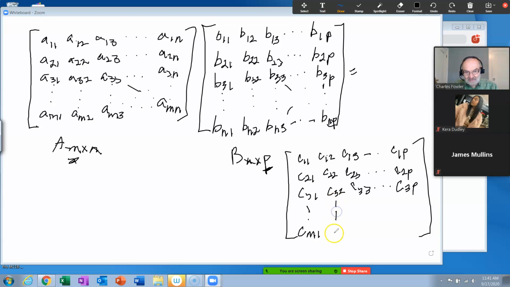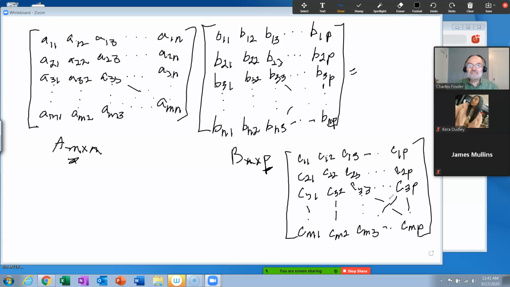Dot, dot, dot down to C sub M2. This dot, dot, dots down to C sub M3. And this dot, dot, dots down to C sub MP. And dot, dot, dot, everywhere. Okay.